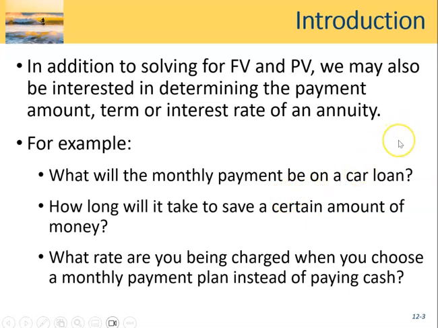For example, what if you're going to get a car loan and you know what the present value of the loan's going to be? Say you're buying a car that's $25,000. Okay, so you know that is the present value. Maybe they've told you that the payments are for 5 years. Okay, and you know the future value is going to be zero, and they've given you the interest rate.